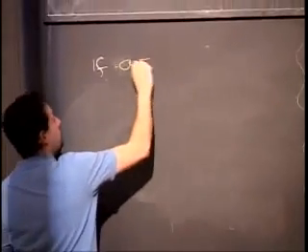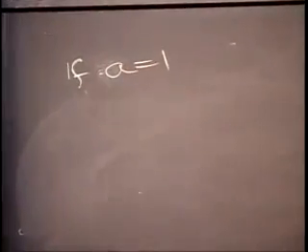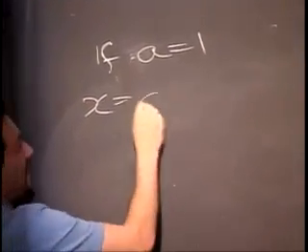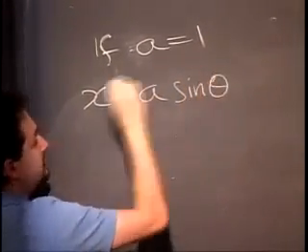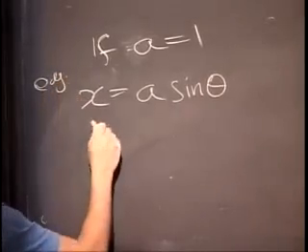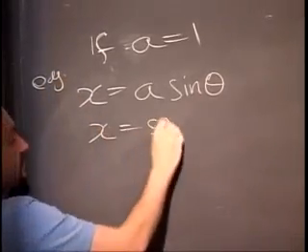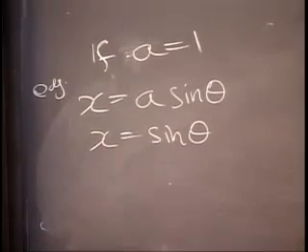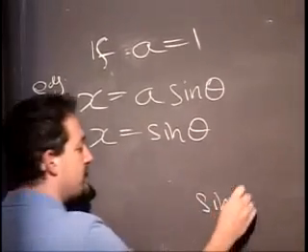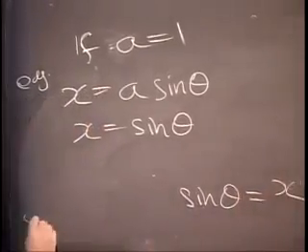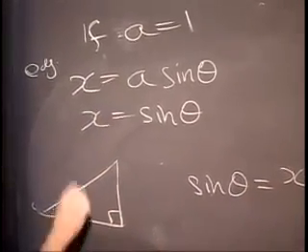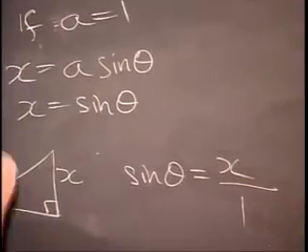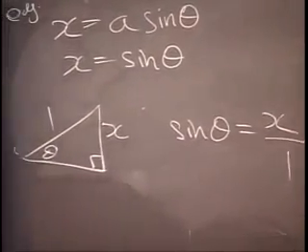If a equals 1, in any of these types, not just type 3, you'll have something like x equals, say, a sine theta for the first type. You would just write, in this case, x equals sine theta. And ironically, it can be hard to tell what the triangle should look like. You would just write sine theta is x. And it's not so easy to see that you really need to write over 1, just to be really clear that the other side is 1.